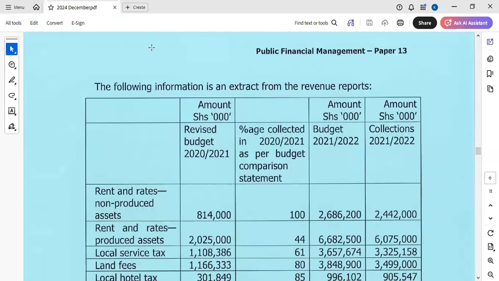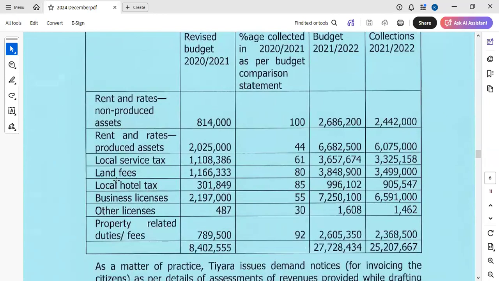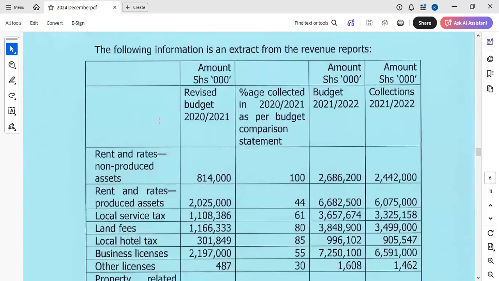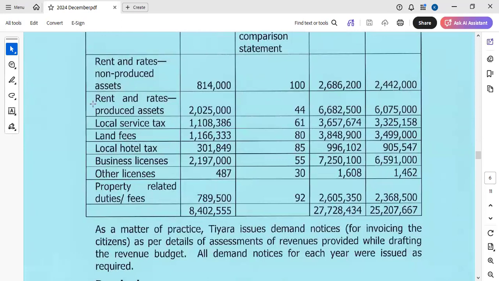So we have the information as an extract from the revenue reports. Whatever you have here is part of your revenue, what the entity actually received. But the sources of revenue for the entity are these ones.